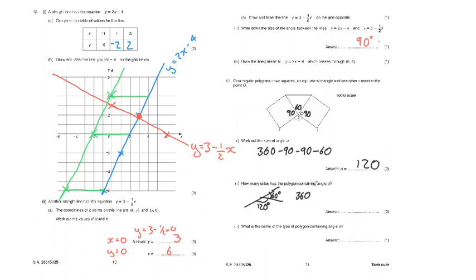Well, 360 is the total of the exterior angles, divided by 60, and that's 6. So this is a 6-sided shape. Okay. What's the name of a 6-sided shape? Well, you've got to learn all of these up to a decagon. A hexagon is a 6-sided shape.